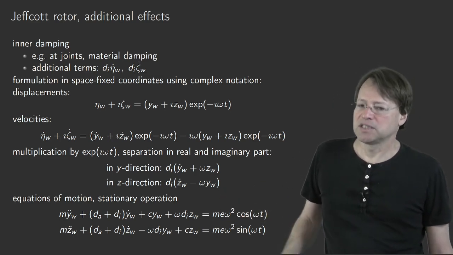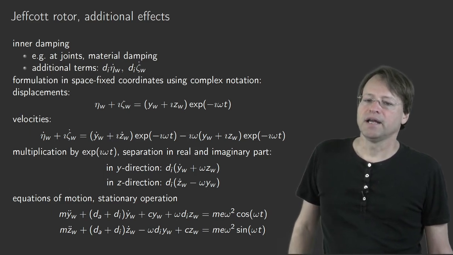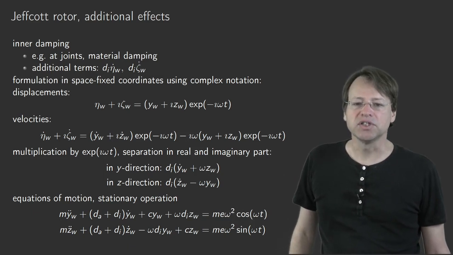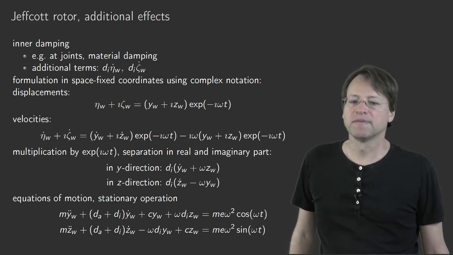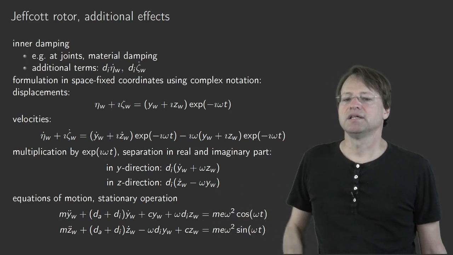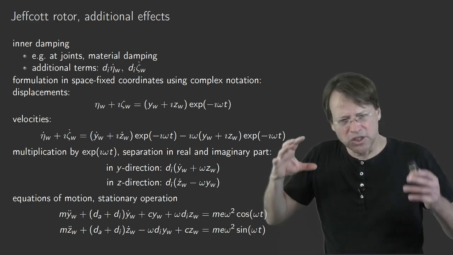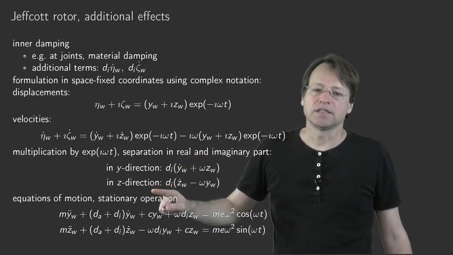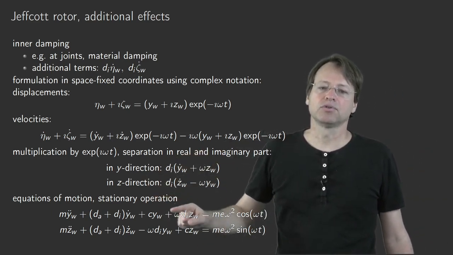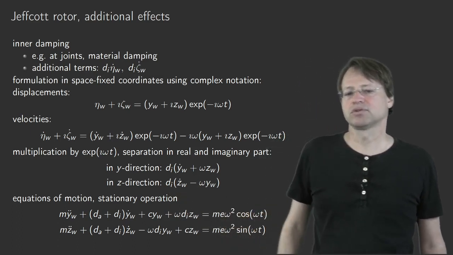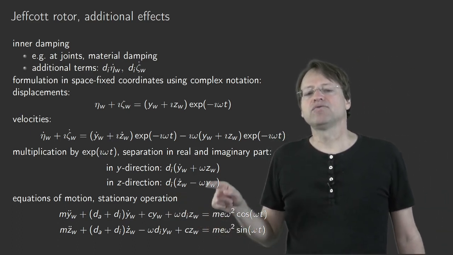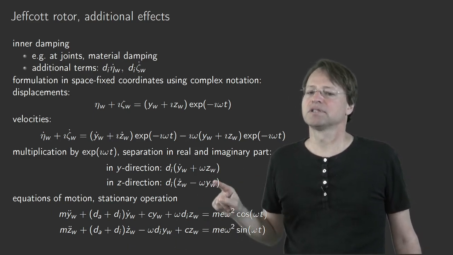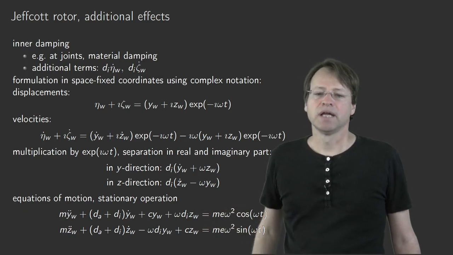They are now coupled, and that coupling now happens not as for the gyroscopic case in the velocities by the Coriolis term, but it happens here in the stiffness matrix. And if you imagine how that stiffness matrix would look like, you will find a symmetric part, which is the contribution on the diagonal from the restoring force, so from the classical stiffness, and you find a skew symmetric part, and that skew symmetric part comes from the inner damping.